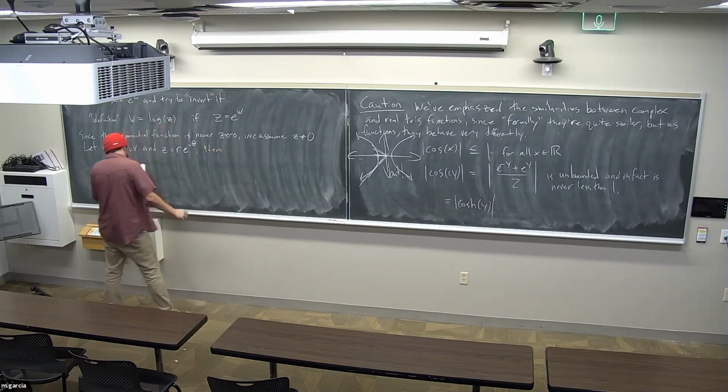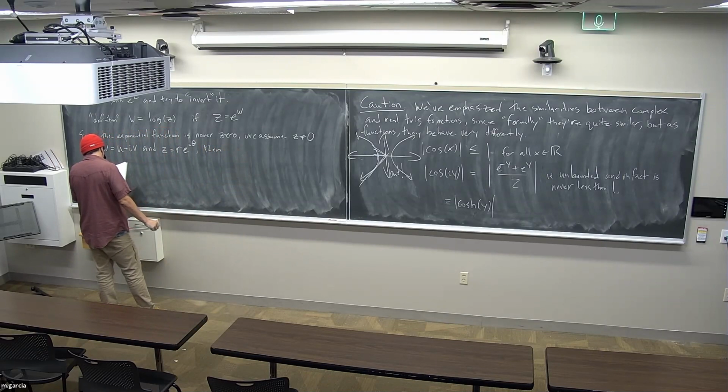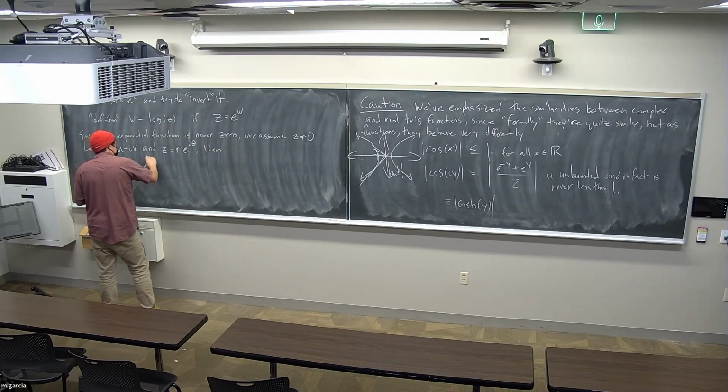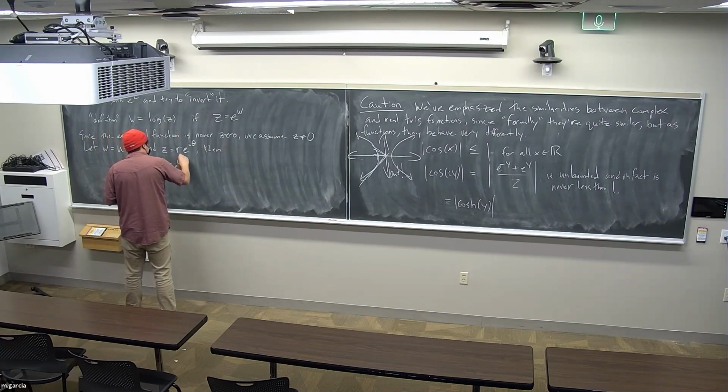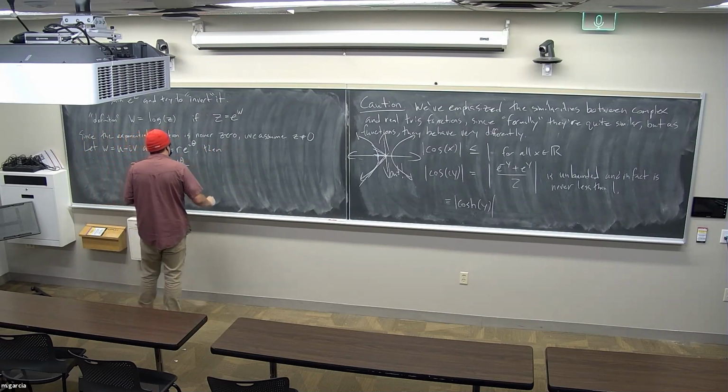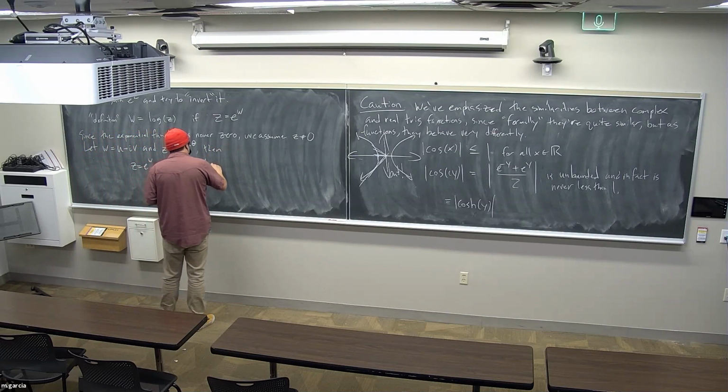Then what do we have? z equals e to the w implies that we're really looking at r times e to the i theta is equal to e to the u plus iv, or in other words, e to the u times e to the iv.